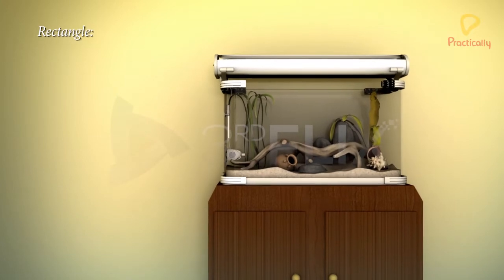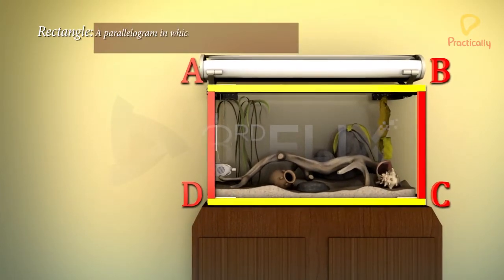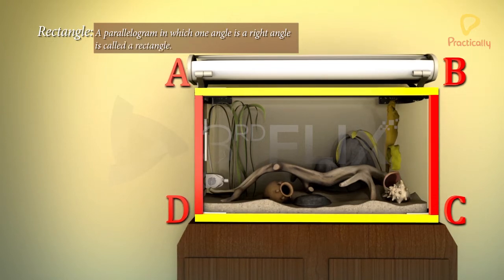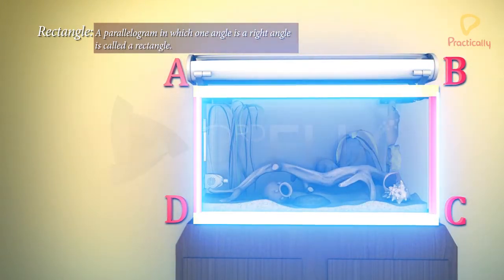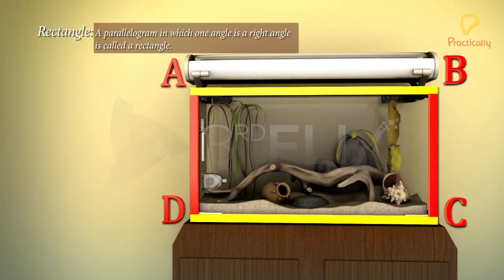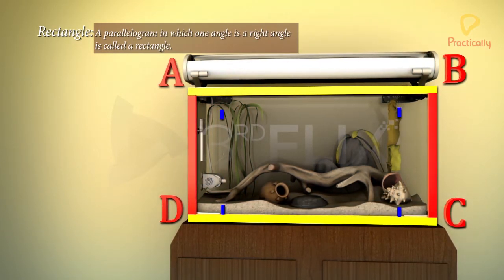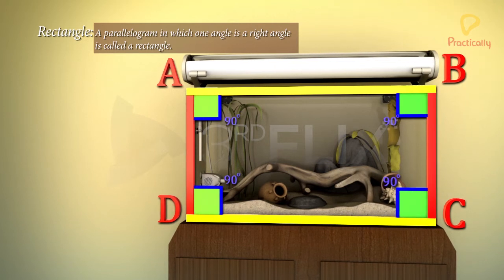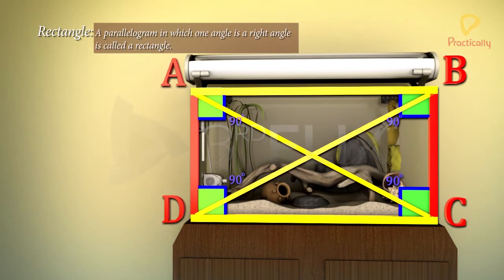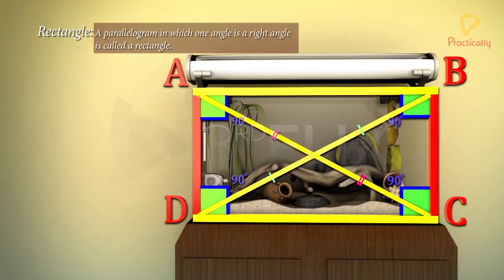Rectangle. A parallelogram in which one angle is a right angle is called a rectangle. In a rectangle, opposite sides are equal. Opposite angles are equal. The diagonals are equal and bisect each other.